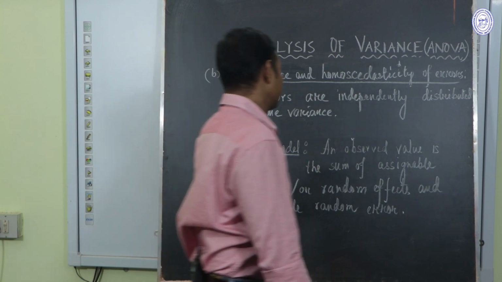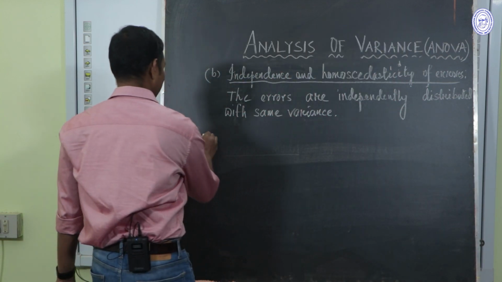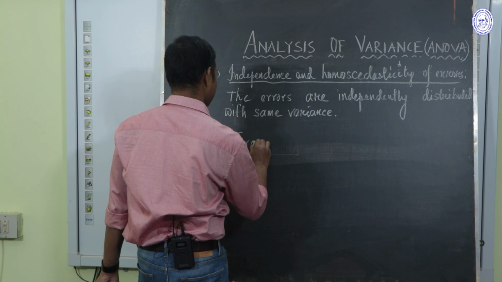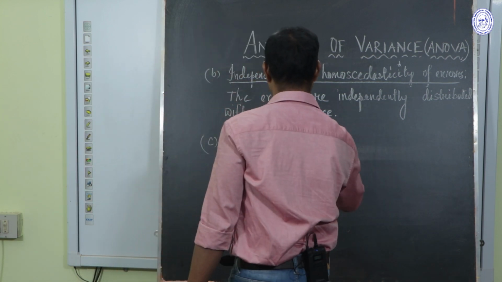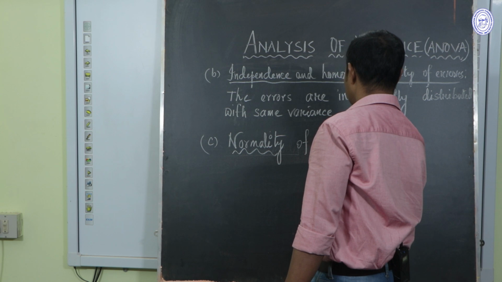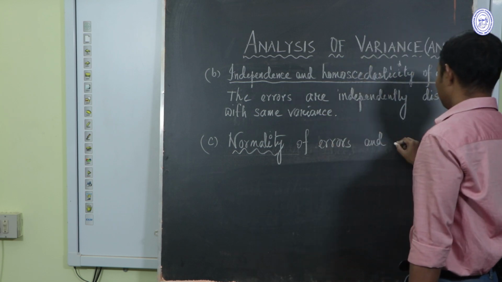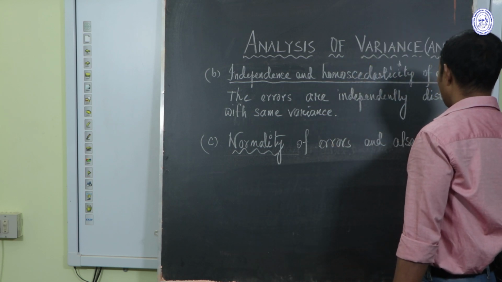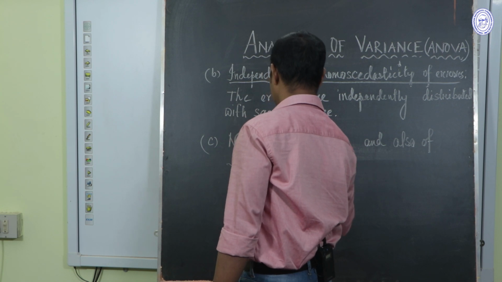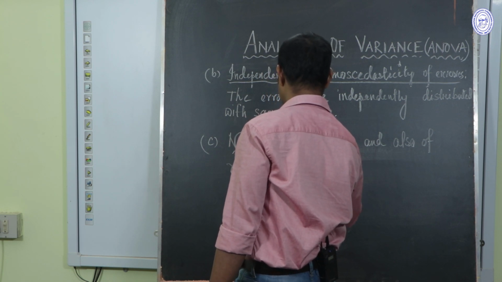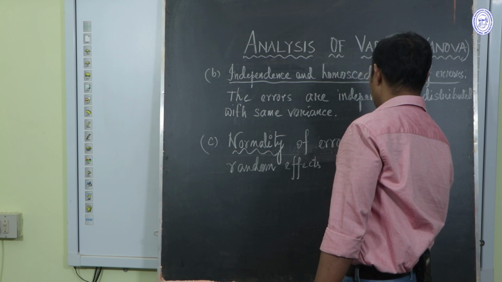The third one is normality of errors and also of random effects in the model.